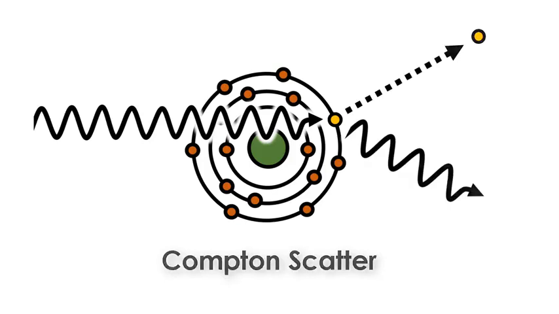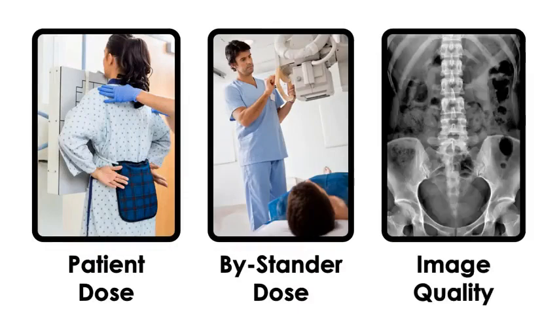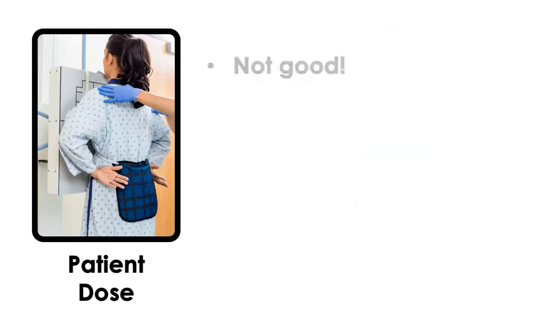So what are the effects of Compton scattering? Remember the three areas that we should be concerned with: patient dose, the bystander dose, and image quality. Compton scattering affects all three areas, and none of these effects are good effects. We'll start by talking about the patient dose. The effect of Compton scattering on patient dose is not good.